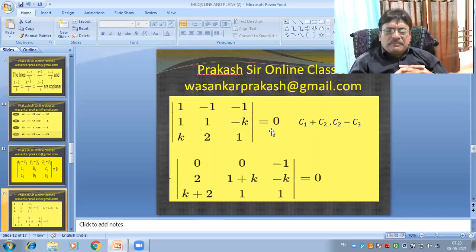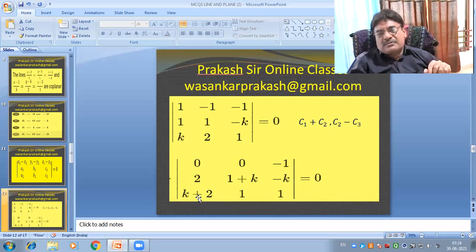For simple calculations, we use some operations. First the operation C1 plus C2, next C2 minus C3. C1 plus C2 means column first plus column second, so C1 changes to C1 plus C2: 1 minus 1 is 0, 1 plus 1 is 2, k plus 2 is k plus 2.